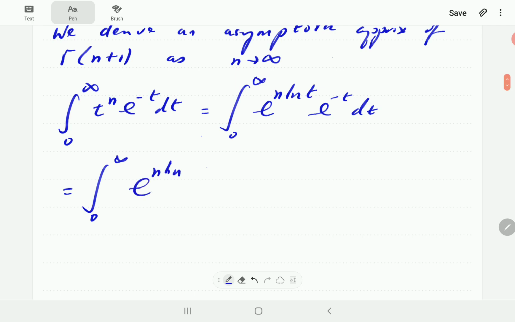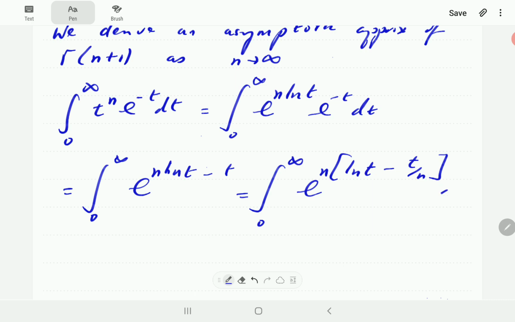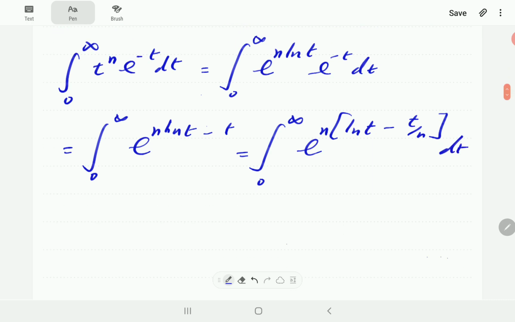So this is going to be n ln t minus t, and in fact this we can write as n into ln t minus t over n. So this is going to be our I of n.